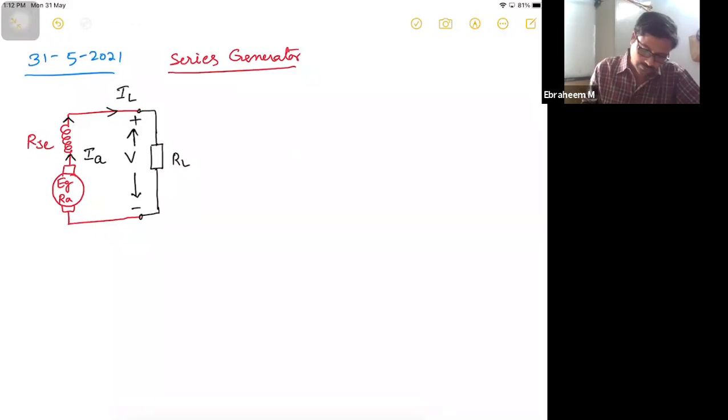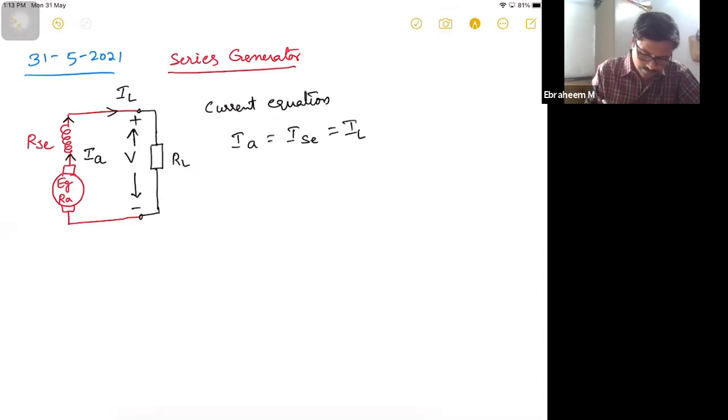If you want to write the current equation, just by looking at this circuit, Ia is equal to Ise is equal to IL. This is the current equation of a series generator.